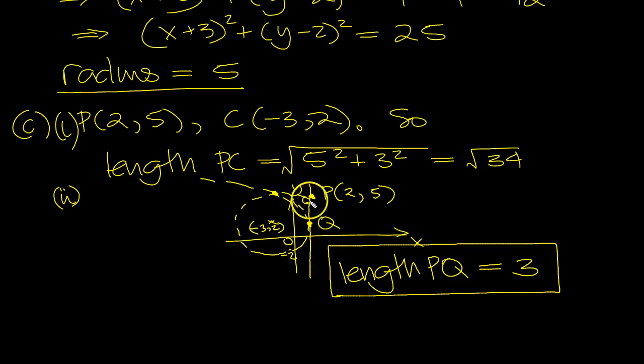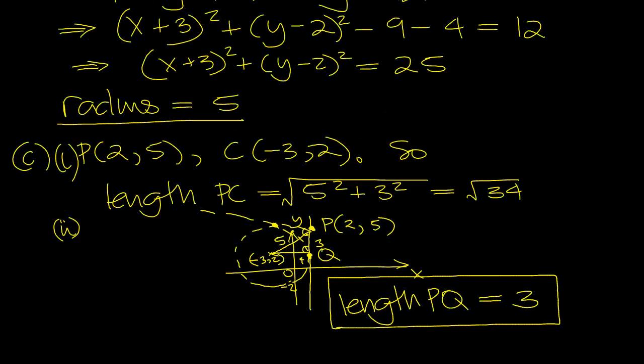The other way I suppose you could do it is this is a 5 triangle. This is a tangent, so this distance here is 2 up to 2 is 4. So this would be a 3, 4, 5 triangle. So that's another way of doing it, isn't it? Okay, good. So length PQ equals 3.